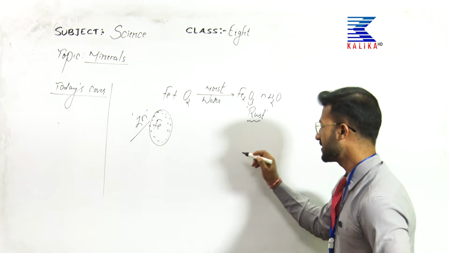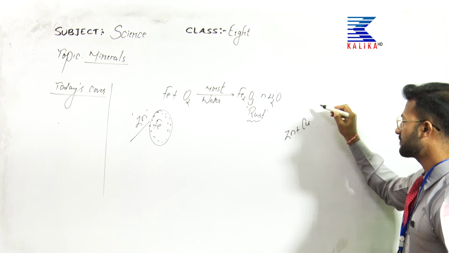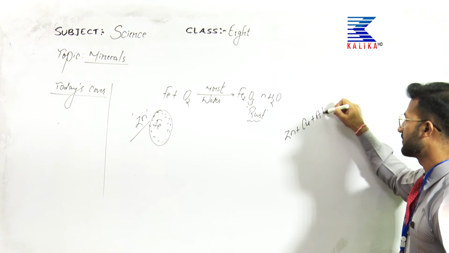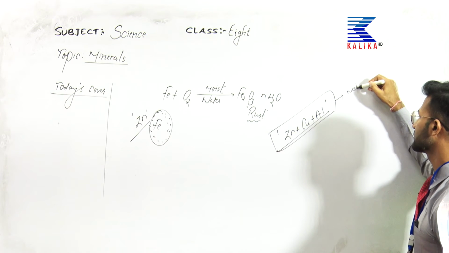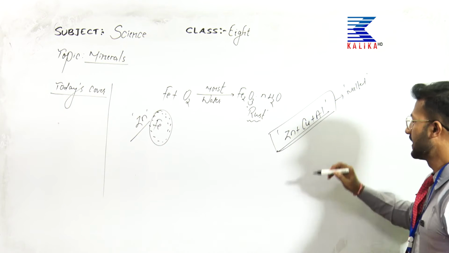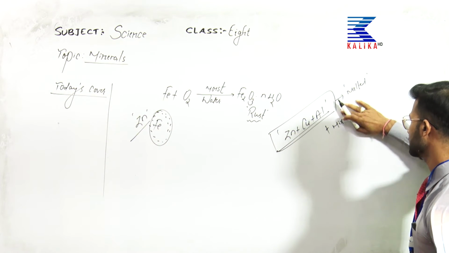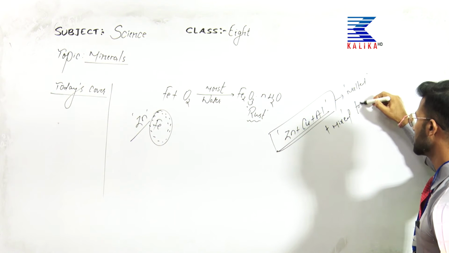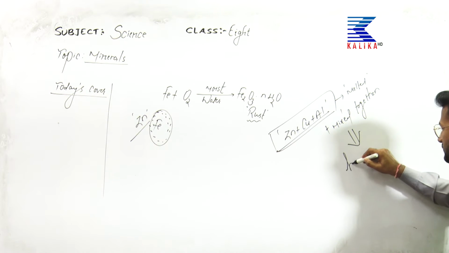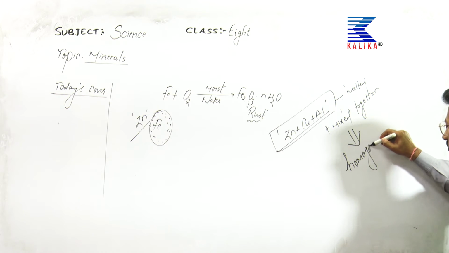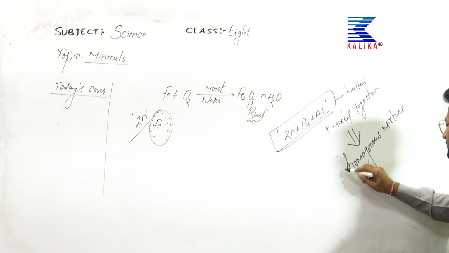Whenever you mix two or more metals, let us suppose as an example, zinc plus copper plus aluminum, when these three different metals are melted and mixed together to form a homogeneous mixture, it forms alloy.